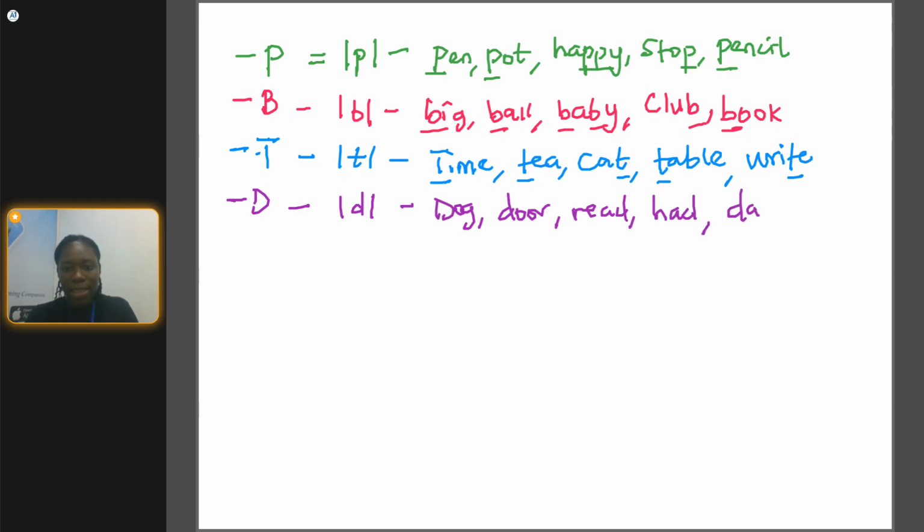So we have the D sound in dog, in door, in read, in add, and in dance.